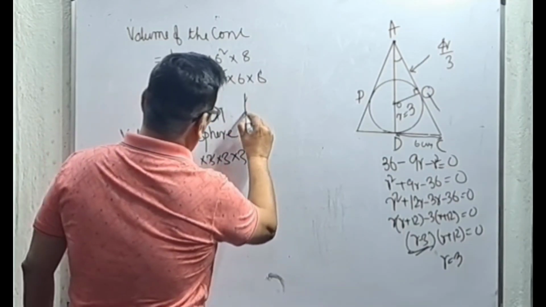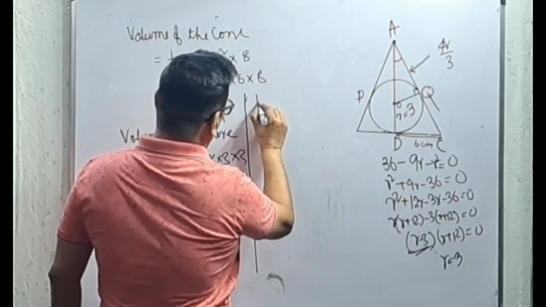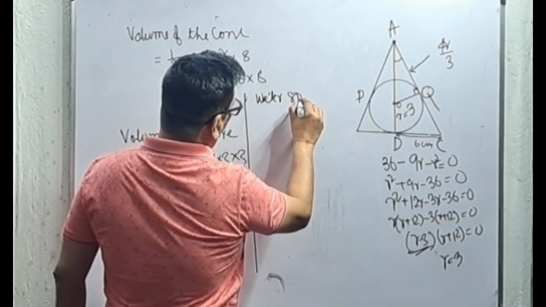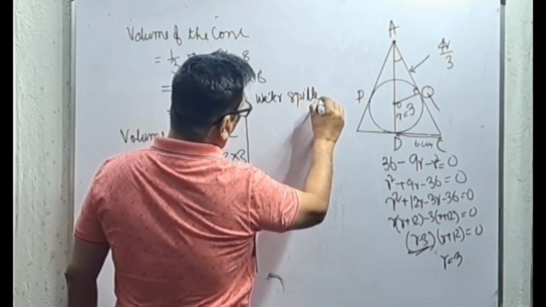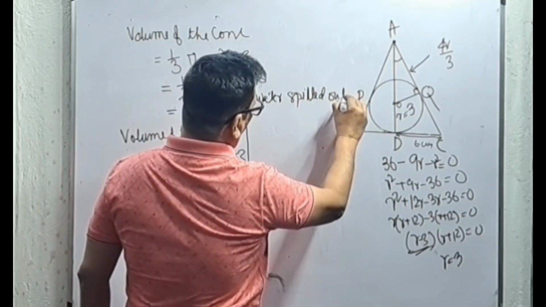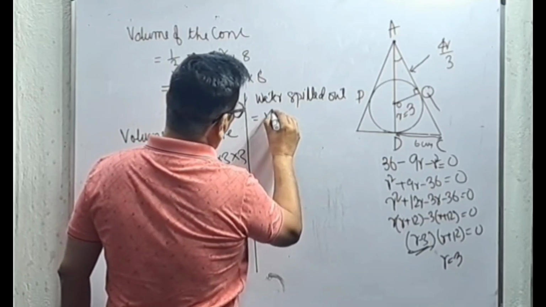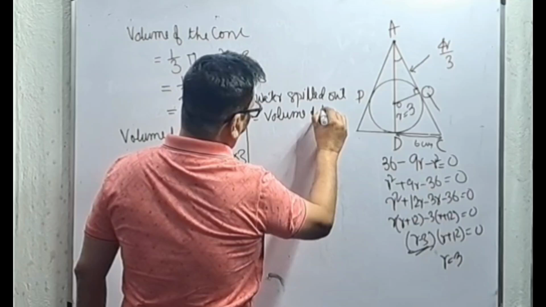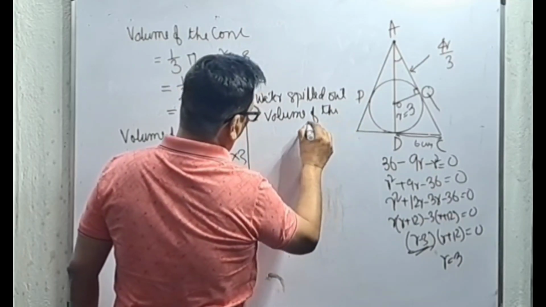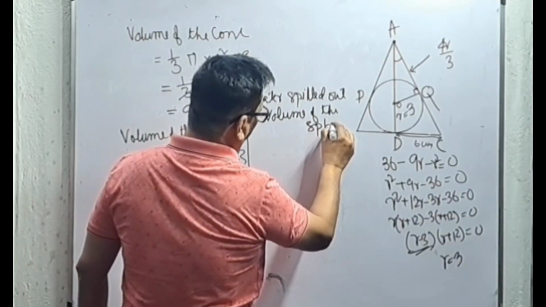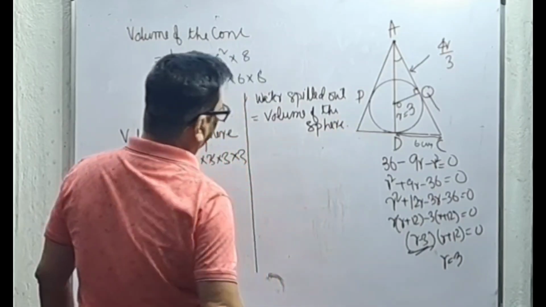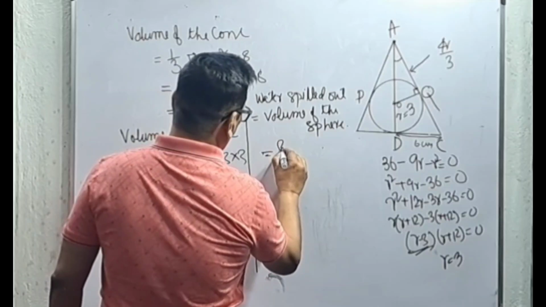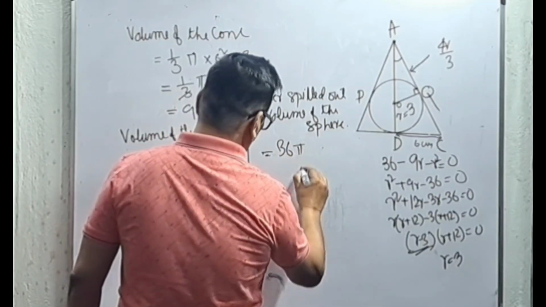So now we say water spilled out is equal to the volume of the sphere. So water spilled out is equal to 36 pi.